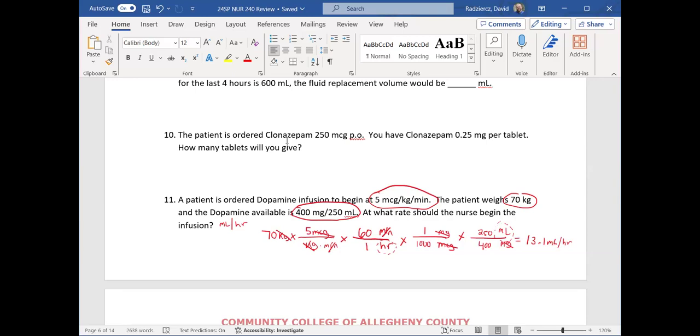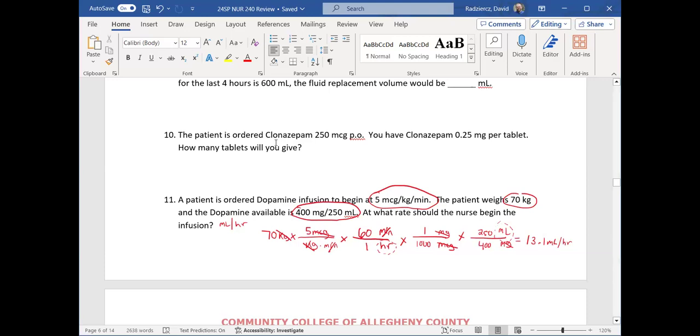It's just that way you minimize the risk of making a rounding error, which is why a lot of times we just show it all straight out.